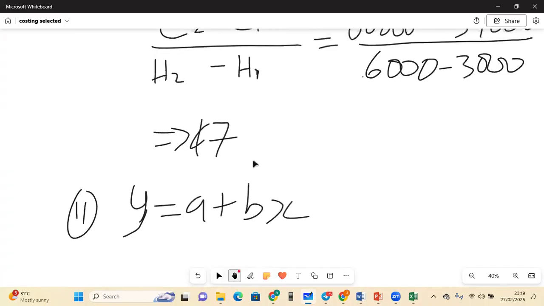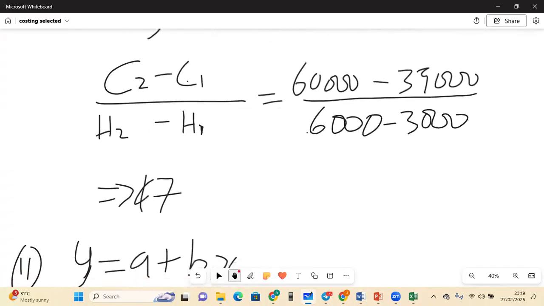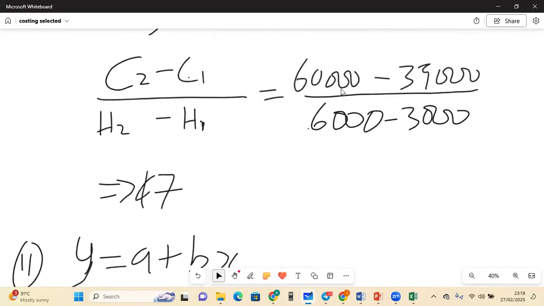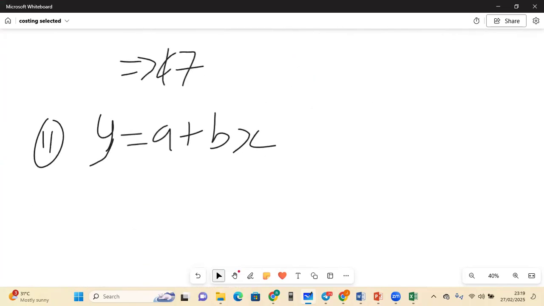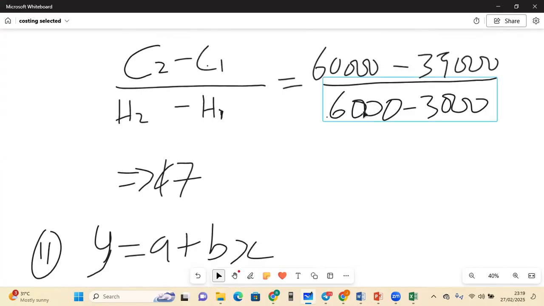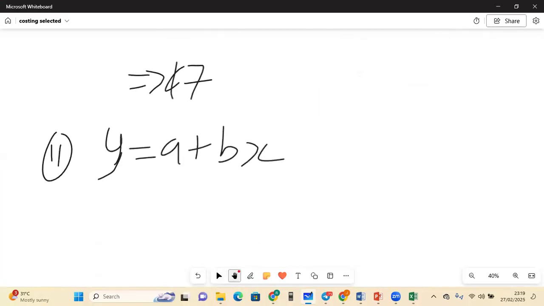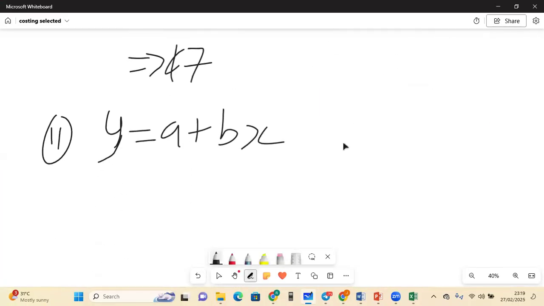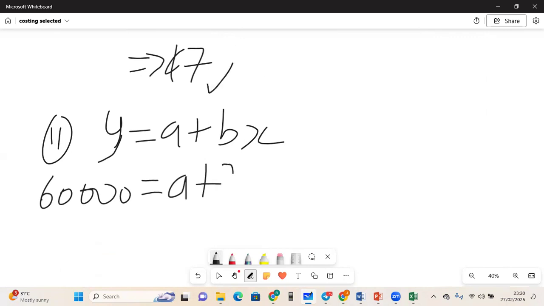We are going to select just one of the activity levels, so let's select the 6,000 activity level. At the 6,000 activity level, the cost associated to it was 60,000. So 60,000 is here. We don't know a, that's what we are looking for. And b, we found it here to be 7.